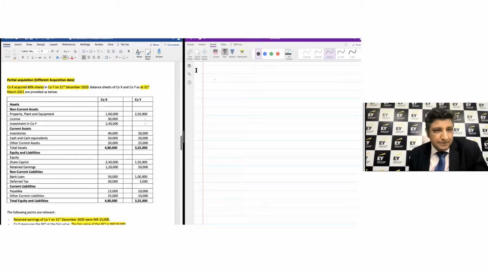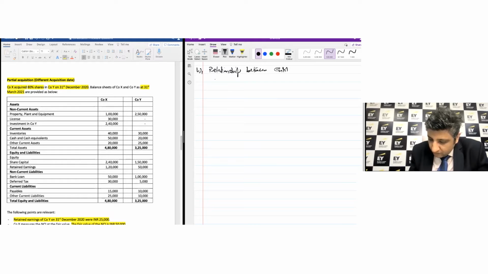Okay. In this scenario, I want you to be very comfortable around this relationship. The relationship between the entities, and that's where we see the first change coming in.